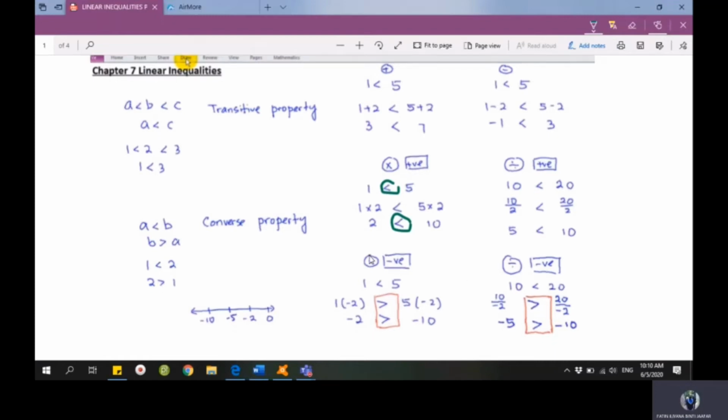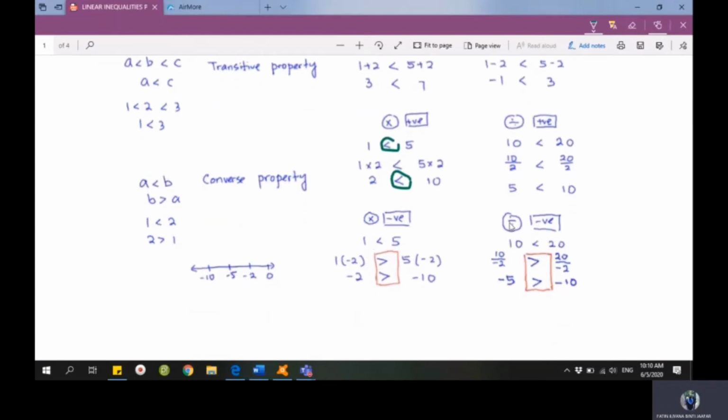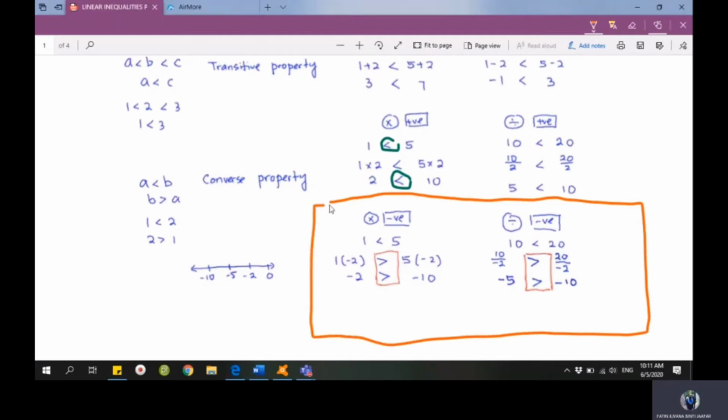However, for multiplication and division by a negative number, this is a special case. When we multiply or divide by negative numbers, the sign will change. Look here, for example, 1 is less than 5. Then we want to do the same for both sides. Left hand side we multiply with negative 2, right hand side multiply with negative 2. So we get negative 2 and negative 10. Negative 2 is bigger. On the number line, negative 2 is more than negative 10.